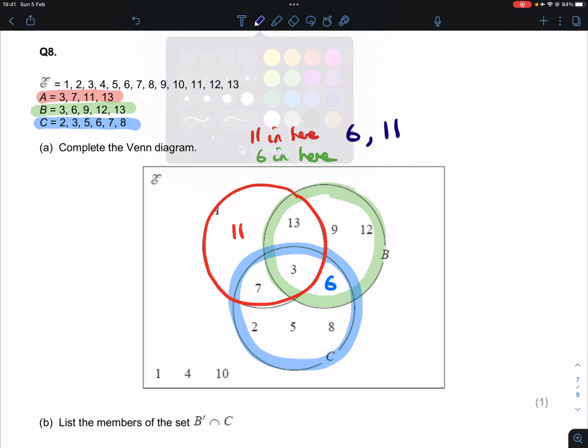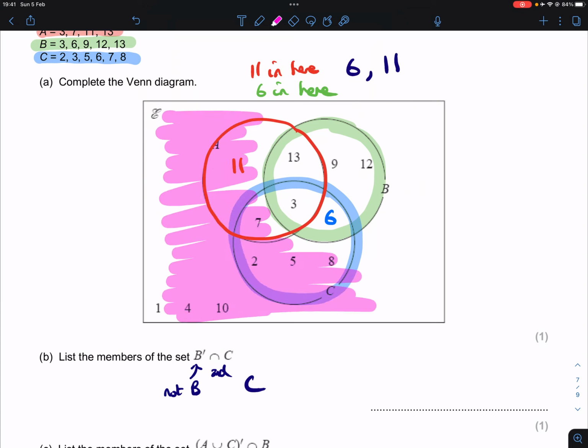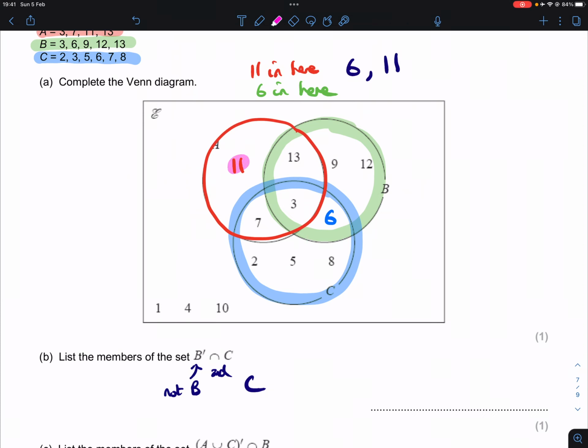Part B, list all of the members of the set B complement, so that's not B, and C. So in other words, we want to know what is inside not B, which I'll highlight in pink here. All of these numbers that I'm highlighting in pink are not in B. And then C, all the numbers that are in C are here.